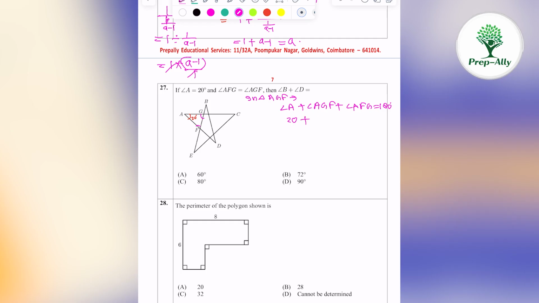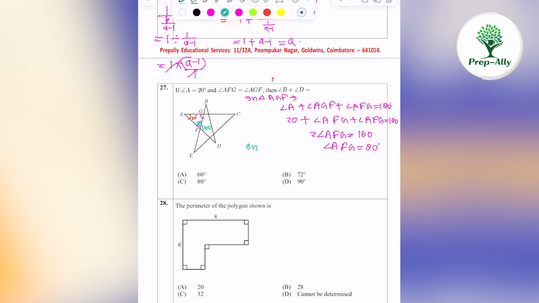In place of AGF, because both are equal, we can write AFG plus angle AFG is equal to 180 degree. So 2 times angle AFG is equal to 180 minus 20, which is 160. So angle AFG is equal to 80 degree. Now here this angle is equal to 80 degree. So because this line will form the linear pair, this angle is 100 degree.